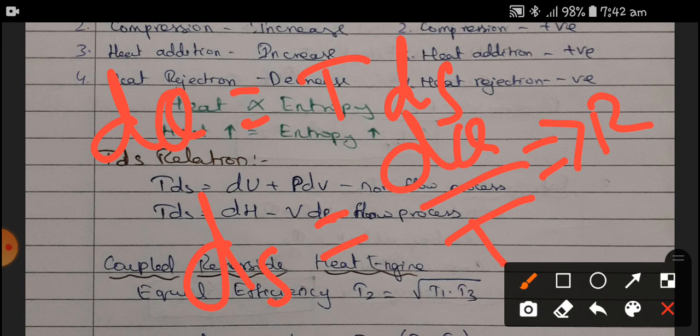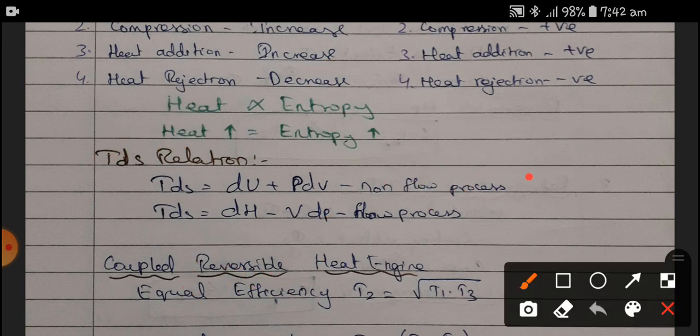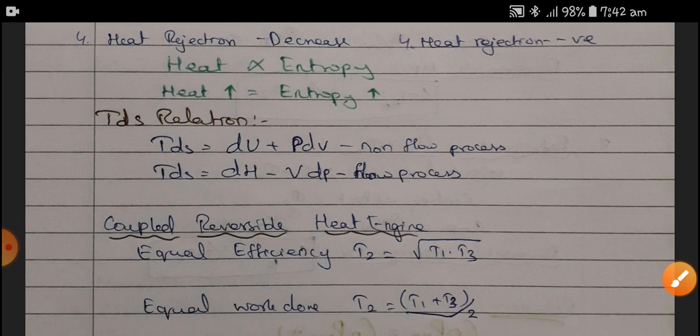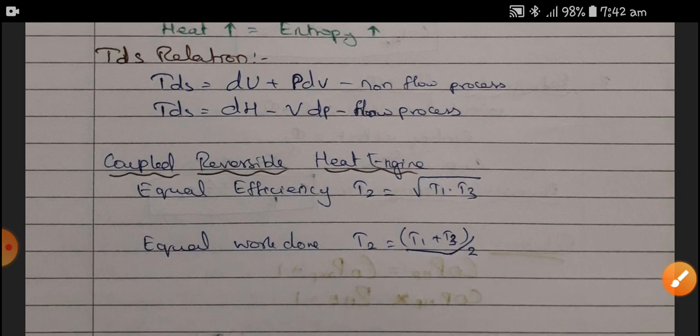If the process is reversible and non-flow, then TdS is equal to du plus PdV, whereas if it is a flow process, TdS is equal to dH minus VdP.